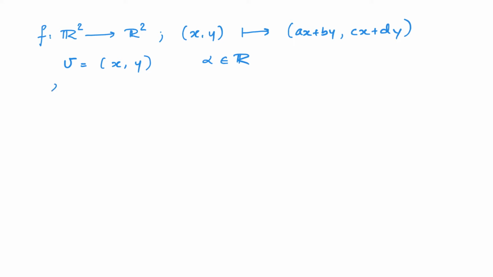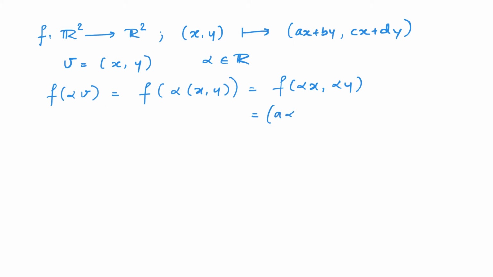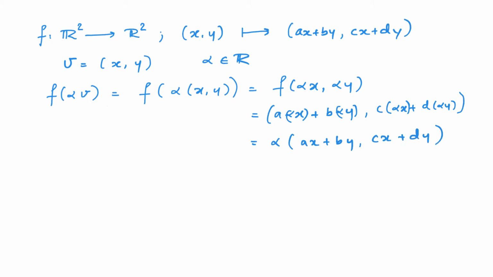Then notice that f of alpha times v is equal to f of alpha times x comma y, which is equal to f of alpha x comma alpha y, which is equal to a into alpha x plus b into alpha y comma c into alpha x plus d into alpha y, which can be rewritten as alpha times ax plus by comma cx plus dy, because alpha is there in all the terms, so we can take the alpha outside.